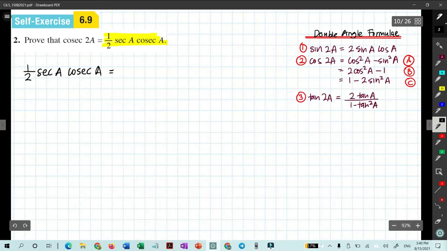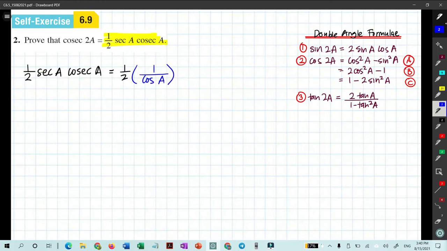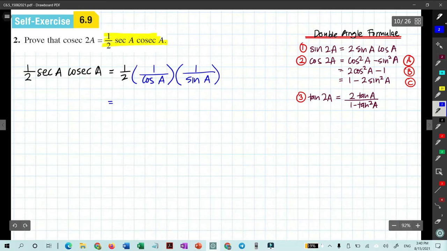and it's actually equivalent to 1 over 2, secant is basically 1 over cos, so secant a is equals to 1 over cos a, and cosecant is 1 over sine. So cosecant a can be written as 1 over sine a, and if you simplify this, you'll get 1 over 2 sine a cos a.